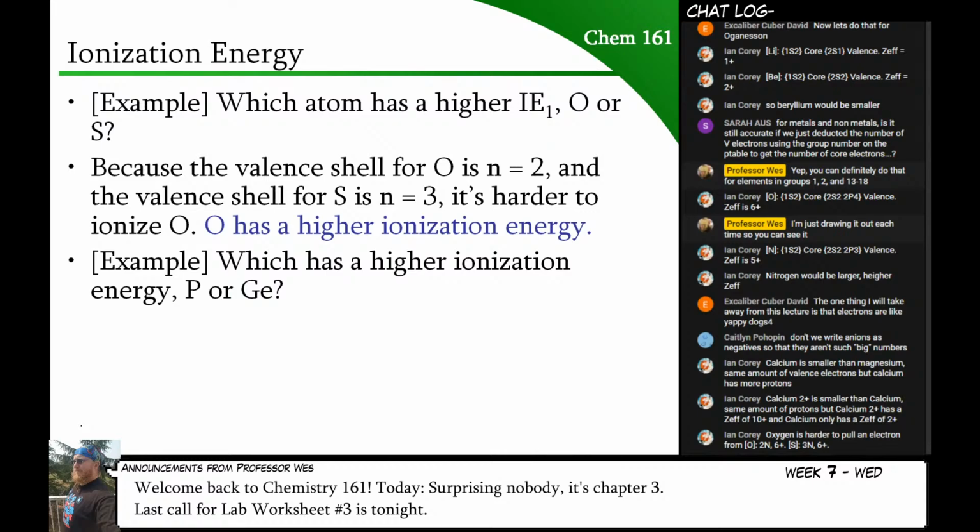Which has a higher ionization energy? Phosphorus or germanium? Give you 2 minutes to puzzle it out. We'll go over the answers together in a second.